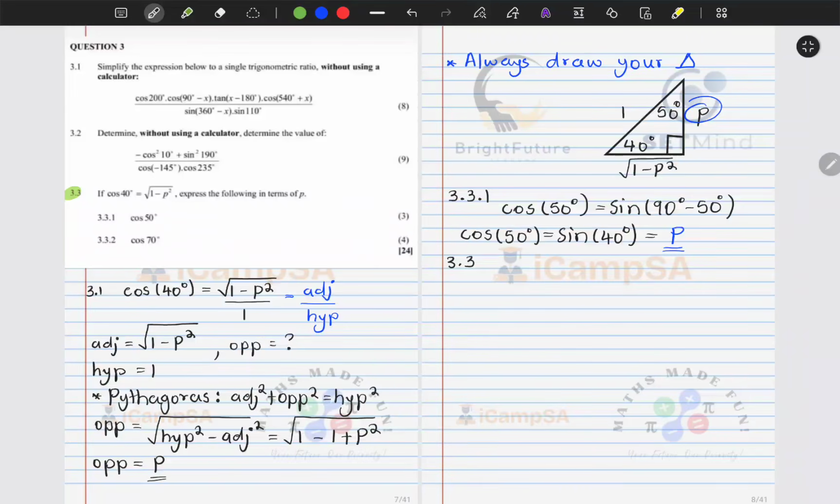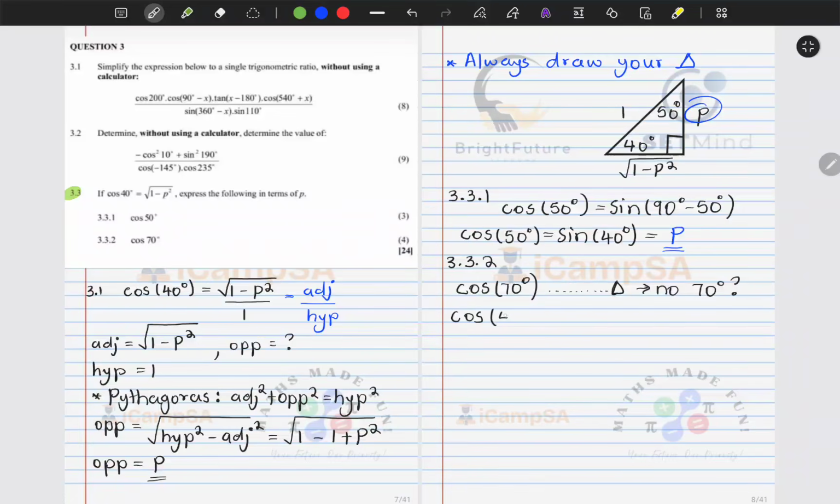So we can look at 3.3.2, where they're looking for cos of 70 degrees. But when we look at our triangle there, you will see that we have no 70 degrees there. So how are we going to deal with this? Well, if we really think about our triangle carefully, we can make the 70 degrees by using a special triangle.